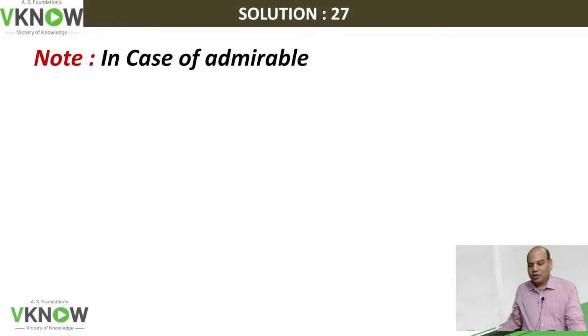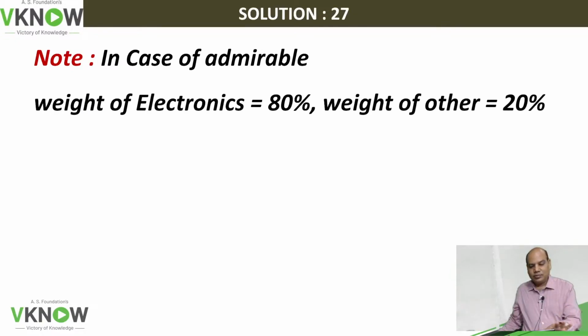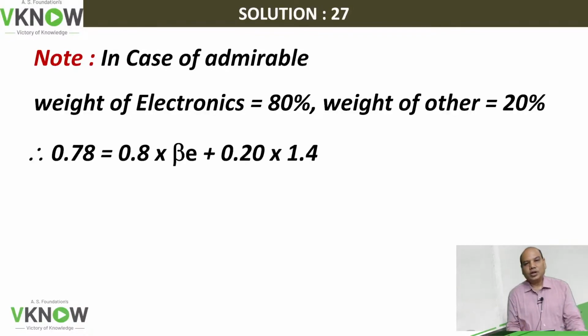Write down now. Note, in case of Admirable, weight of electronics business is 80%, weight of other business is 20%.